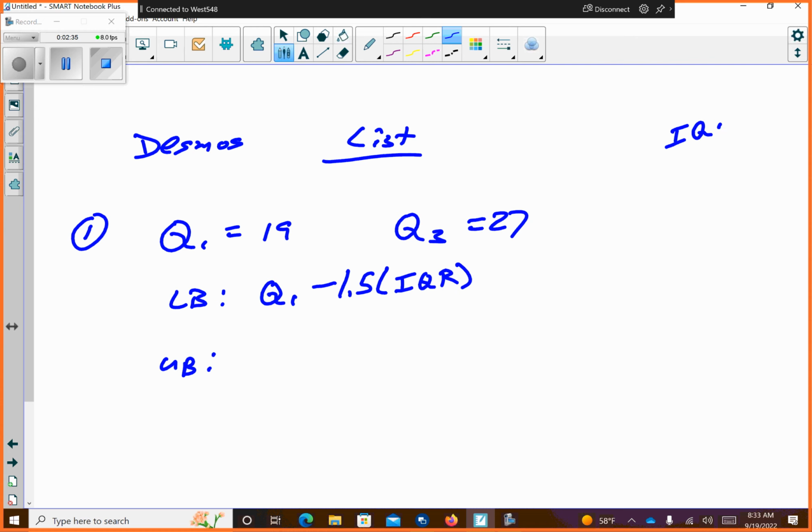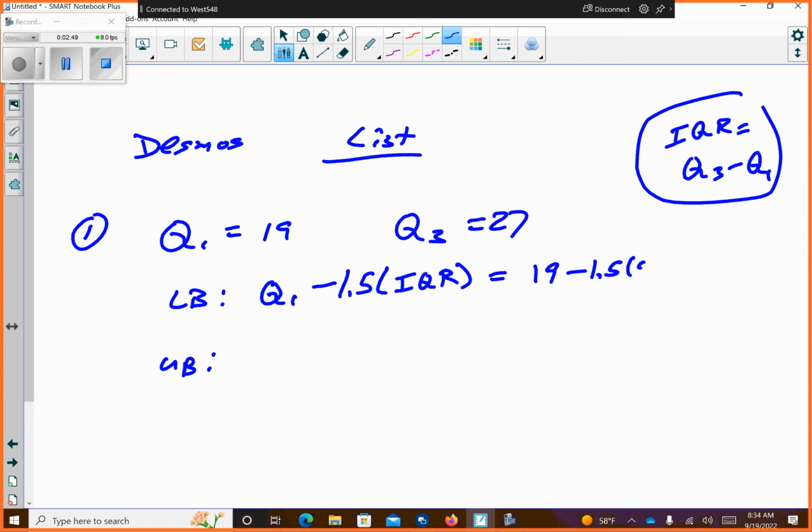Anybody? Thank you. Q3 minus Q1. Okay. So we plug this in. It looks like we're going to get 19 minus 1.5 times 8, because I believe the IQR was 8. Yeah, 27 minus 19, you get 8. So that gives me 7.